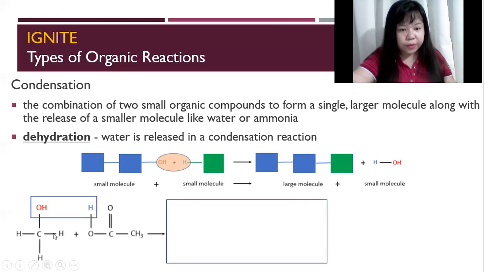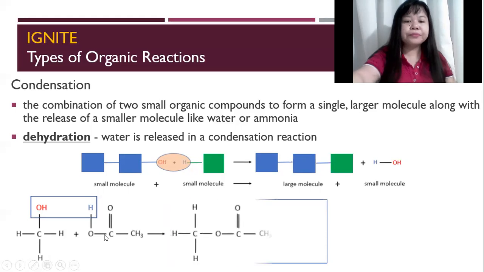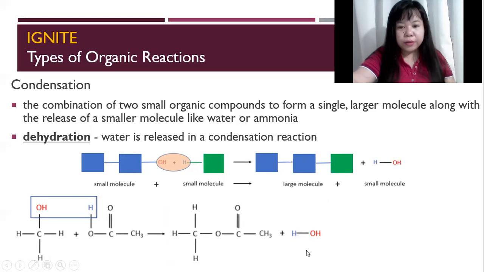So here's another example. We have two smaller molecules, and then there's an H part and an OH part. This is going to form water, and it will connect specifically between carbon and oxygen, because that is where the OH and the H from water come from.